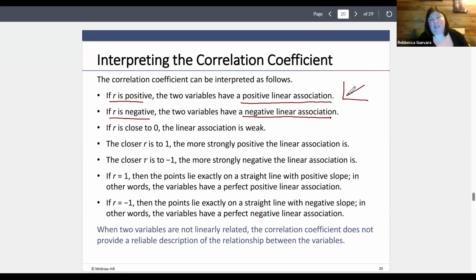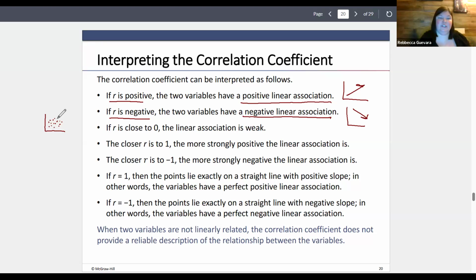So this is just telling me the data looks like this. Here it's telling me the data is going to look like this. If R is close to 0, then we have a linear association that is very, very weak. So that was that example where our data points were sort of all over the place like this. So the closer I am to 0, the less of a pattern I'm seeing.